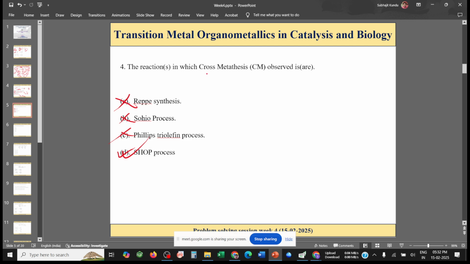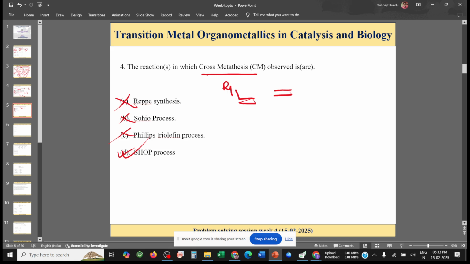Then what is Chope? Right now we are only talking about small olefins or ethylene. But if you have larger olefins obtained from the cracking of petroleum, then the cross metathesis reaction is important to get the desired product.